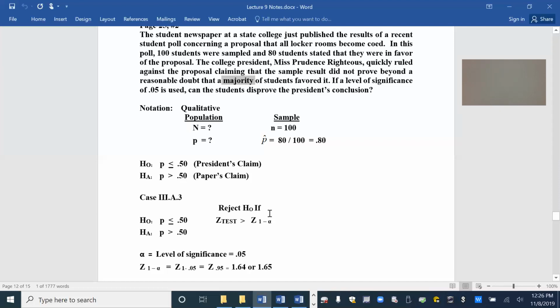You get 50% and one vote, you win. Okay, so that's what our argument is about. Is it a majority? The student newspapers want to prove that. And of course the president is saying, oh no, it's this. Less than or equal to 50% of the students are in favor of this awful proposal.